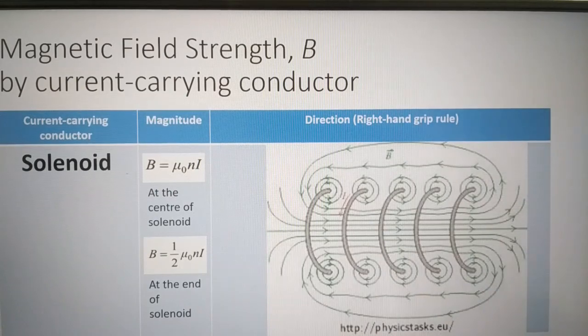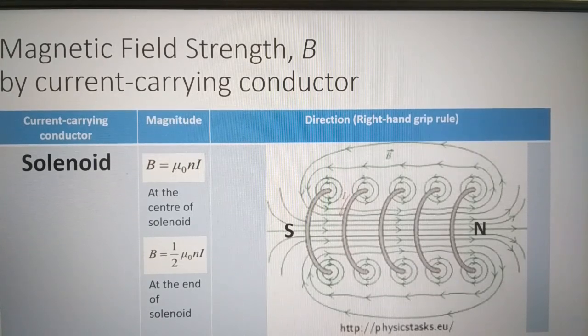So where is the north pole? It is here, where all the magnetic field lines come out. And the south pole is here, where all the magnetic field lines enter.